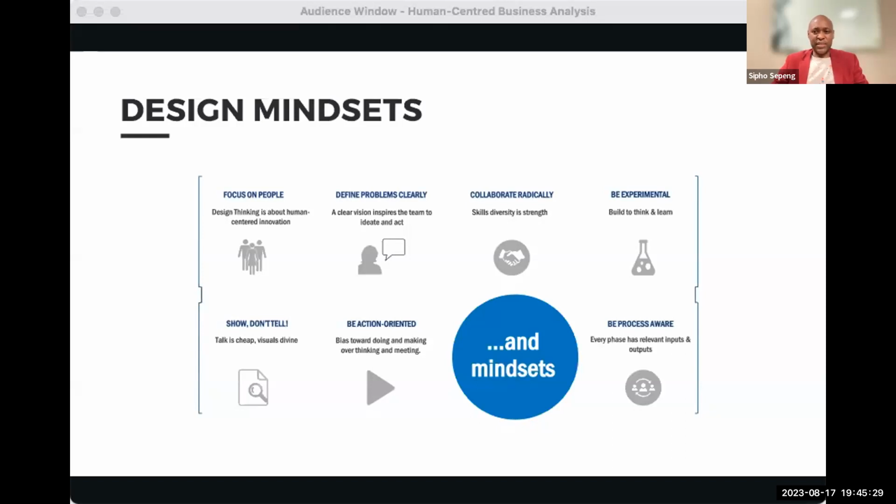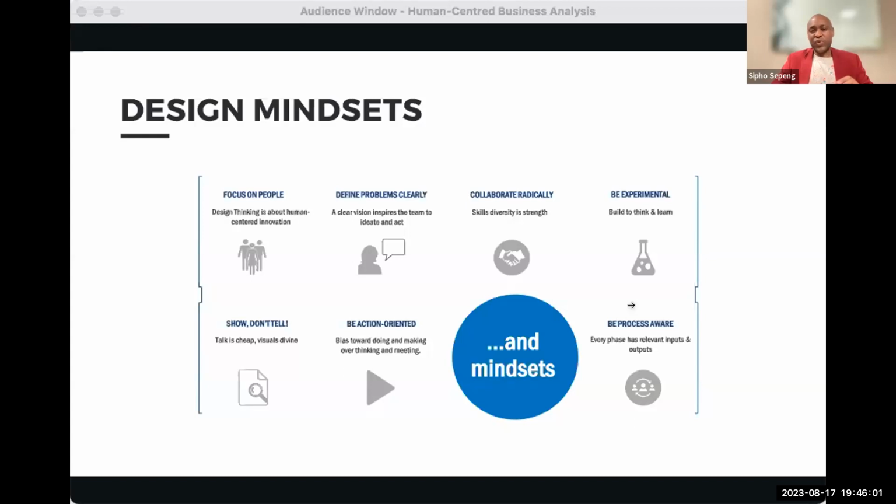And so just looking at some of these mindsets, focus on people is where design thinking is about human-centered. So this has been captured both in the definition by Tim Brown and as well as in that Venn diagram where we look at desirability, in the process where we look at empathy as a phase. Show, don't tell, this phase around prototyping and testing.